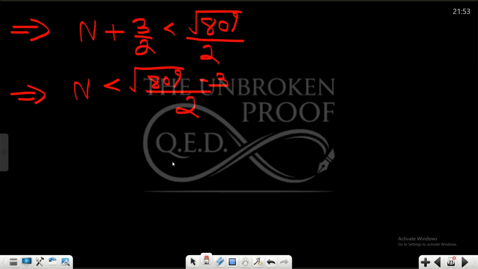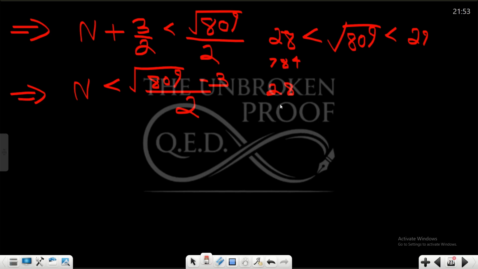Okay, if we take root of 809, this is actually greater than 28 but less than 29, because 28 square should be 784, right?